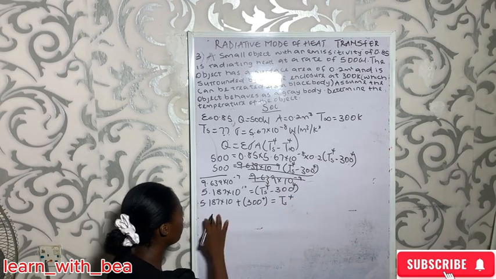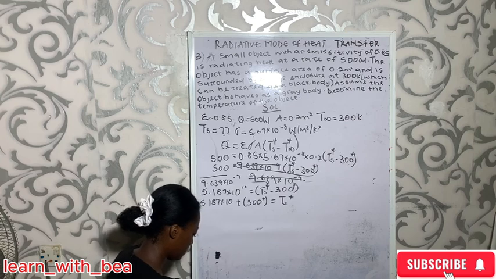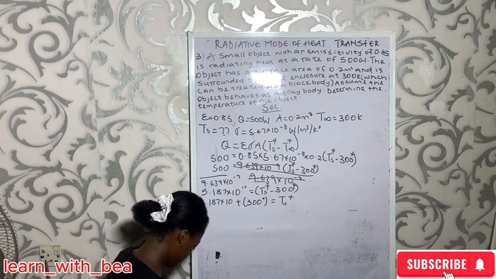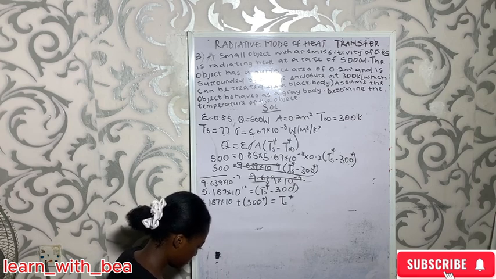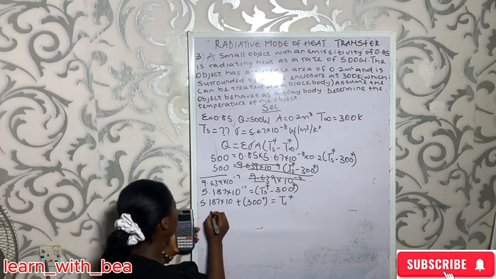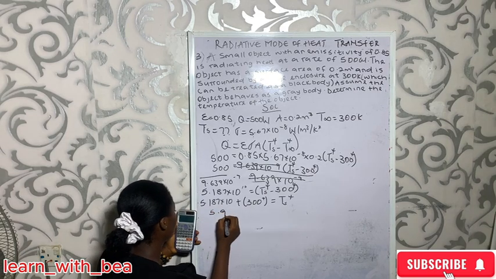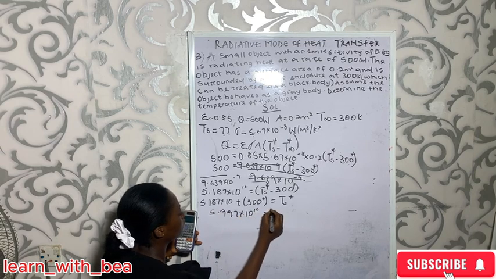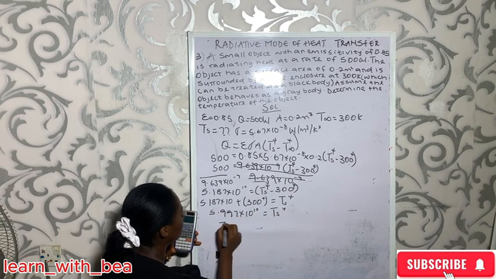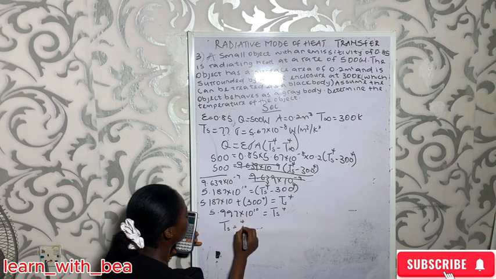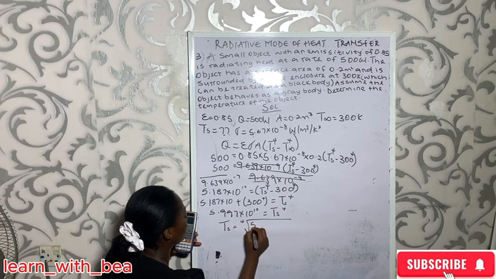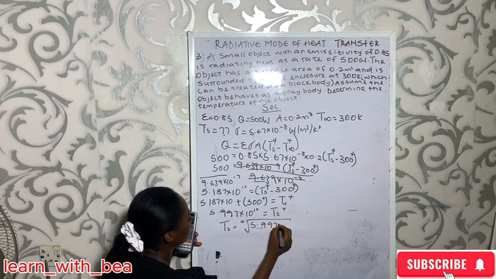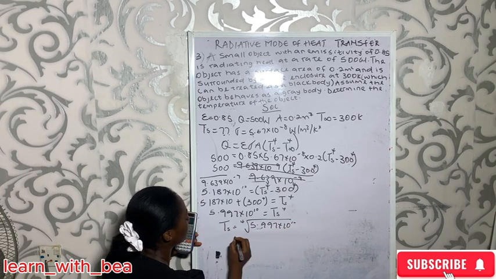So I'm going to add this together. The addition gives us 5.997 times 10 power 10 equals Ts to the fourth. So to get our Ts, we take the 4th root of 5.997 times 10 power 10.